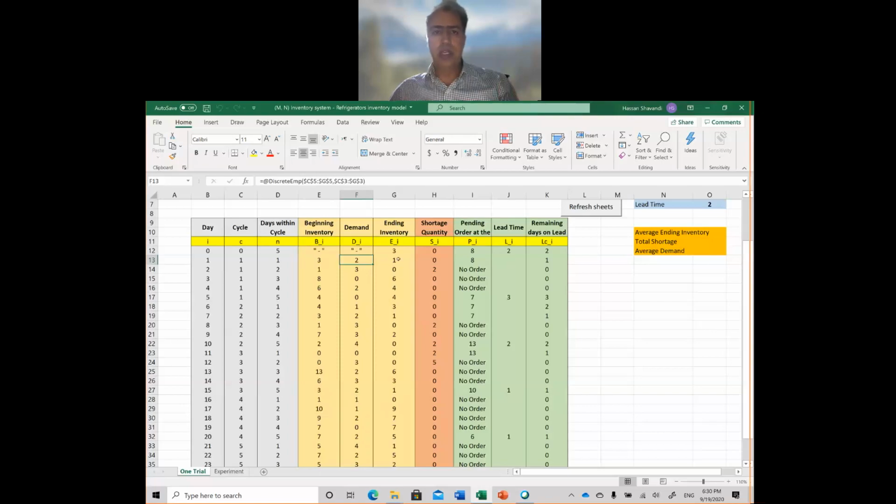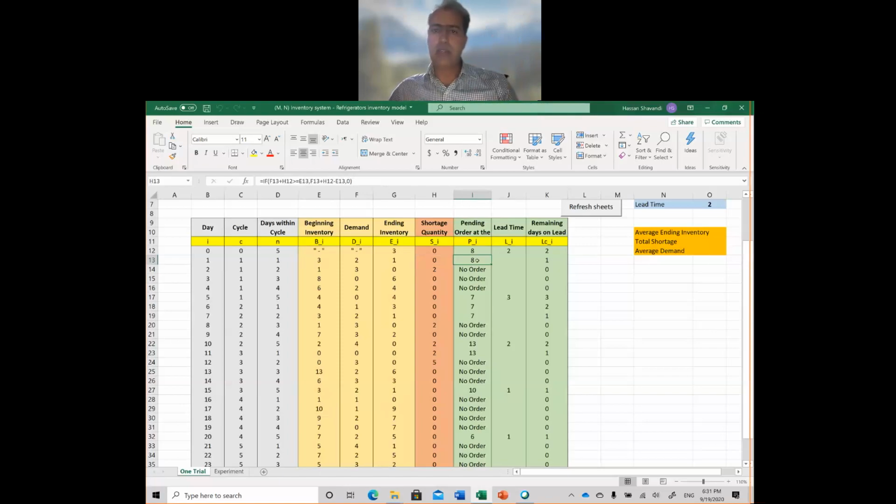Here we have the beginning inventory as 3. We have the demand for this day as 2. So the ending inventory will be just 1. And there's no shortage here. So you see the relations. These are exactly based on the definitions that we have in the lecture notes.